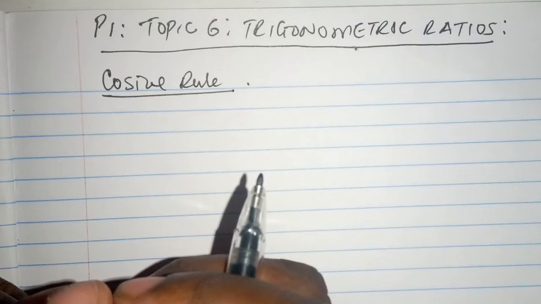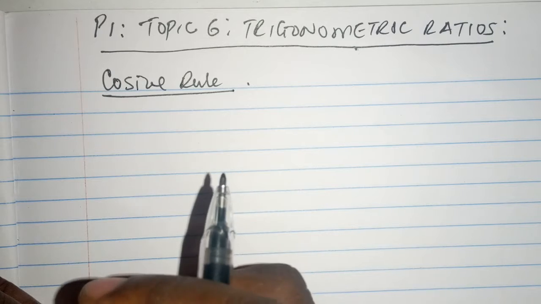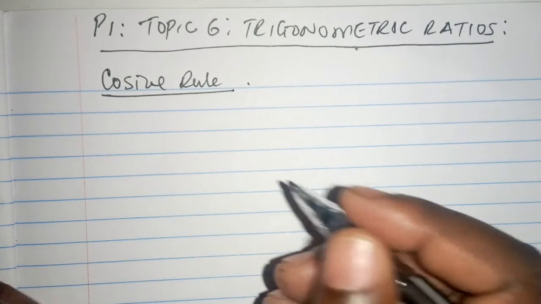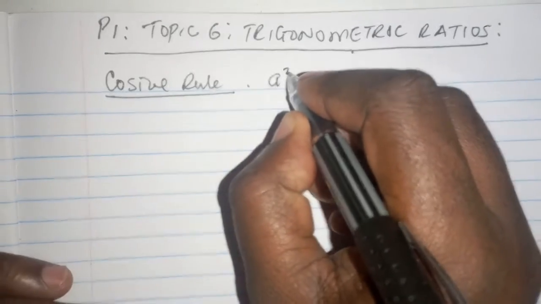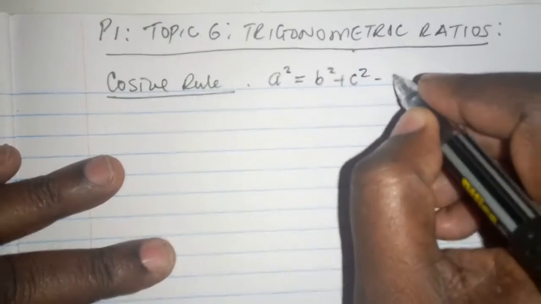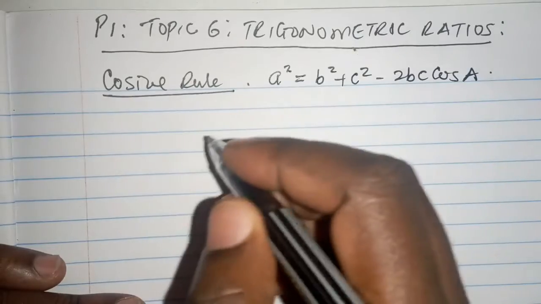This version is used to find a missing side if you know two sides and the angle between them. Generally, we know the cosine rule to be a squared equals b squared plus c squared minus 2bc cosine A.